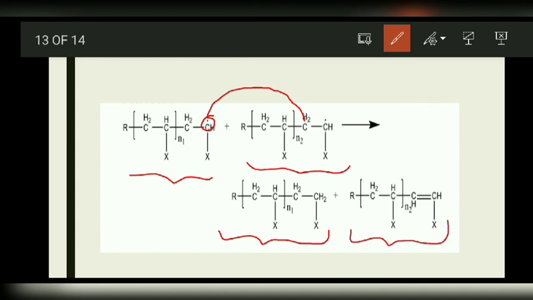So it gives two polymer chains of the same chain length. Here the two chains do not combine, therefore the kinetic chain length nu remains the same. So the degree of polymerization will be equal to the kinetic chain length. That is why DP bar will be equal to nu. Fine.